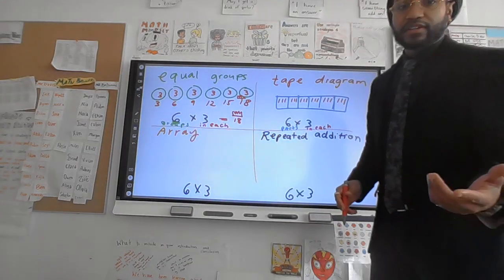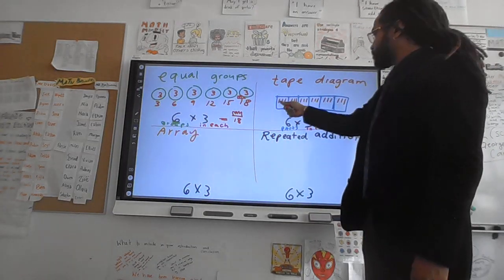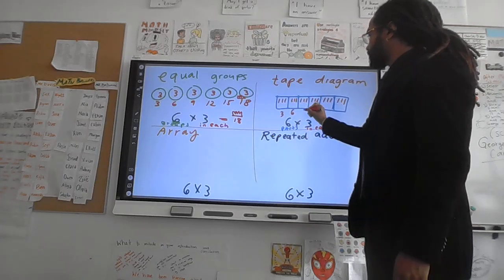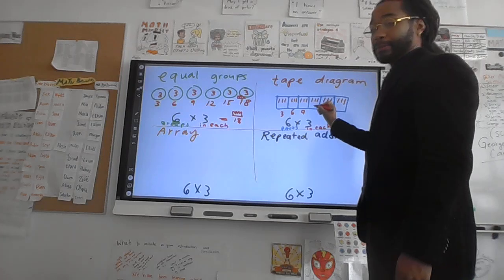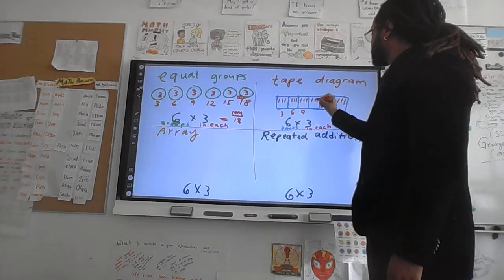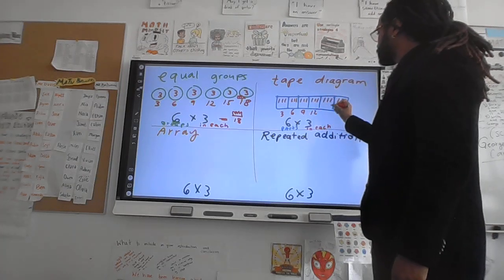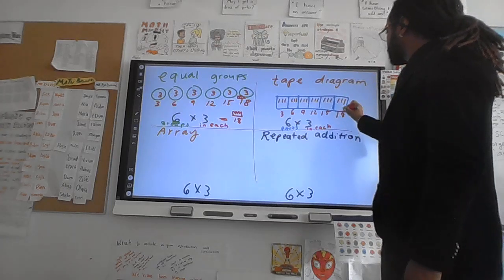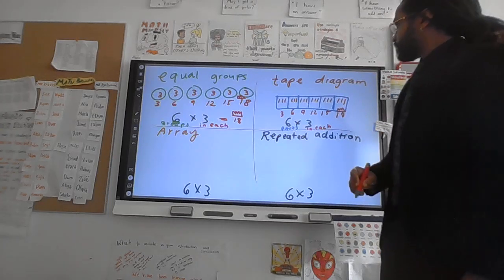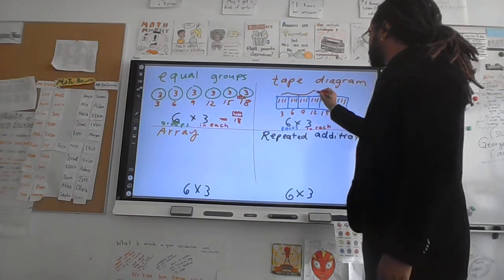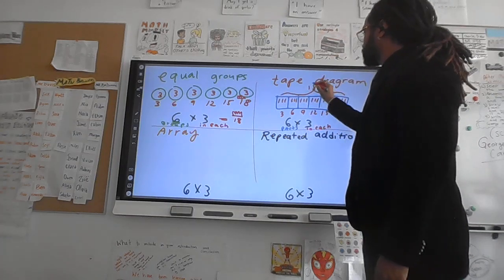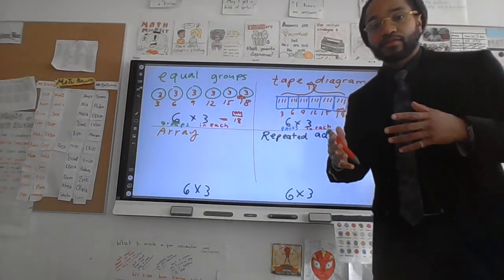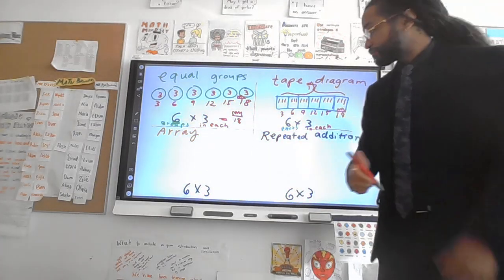Then they can easily write the skip counts because they see the numbers there. 1, 2, 3, 4, 5, 6, 7, 8, 9, 10, 11, 12, 13, 14, 15, 16, 17, 18. So that is 18. And that is the product. You can start using that word at home. Product, which is the total amount in a multiplication equation.